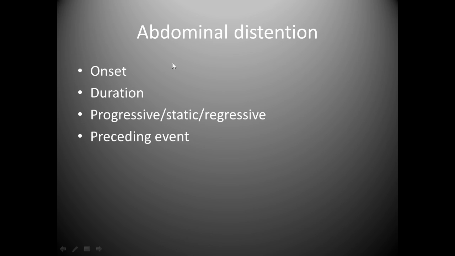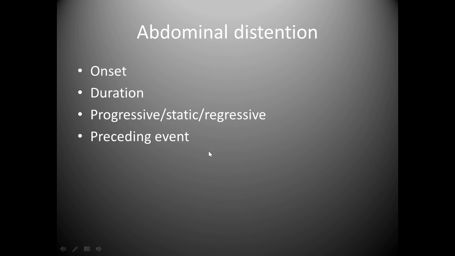Insidious can be due to cirrhosis, decompensated cirrhosis or tuberculosis. Now duration, and whether it is progressive, static or regressive, we have to ask about this. Was there any preceding event, like the patient had diarrhea? Then abdominal distension can be due to hypokalemia, from excessive potassium loss in the stool due to excessive diarrhea.